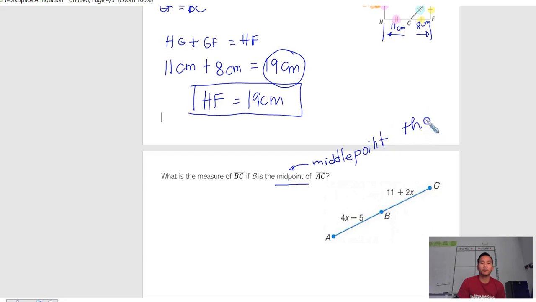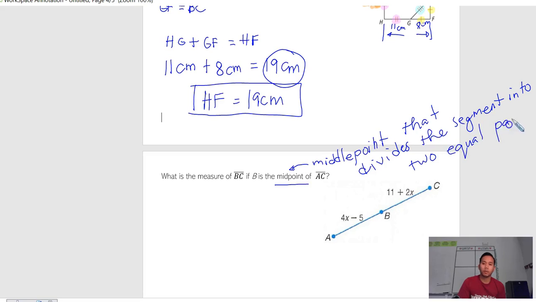that divides the segment into two equal parts. Meaning, I want to emphasize this one, two equal.